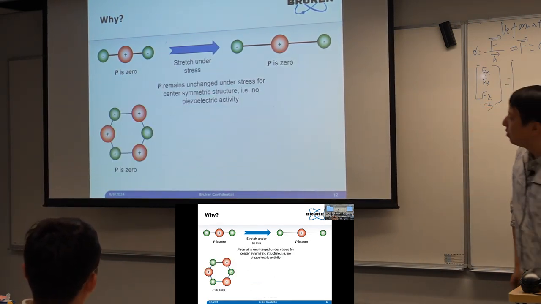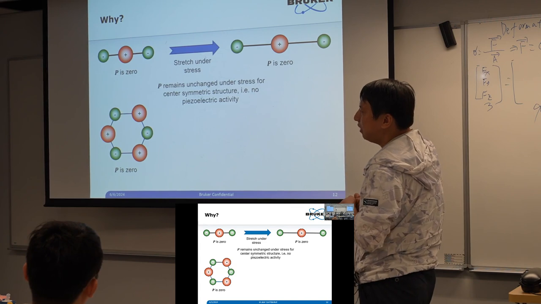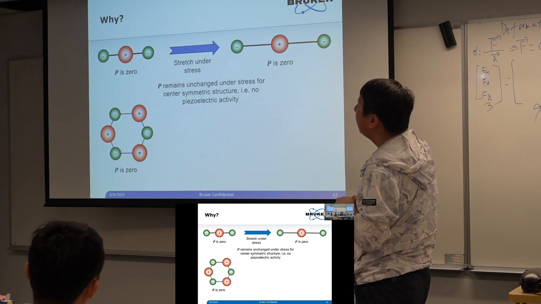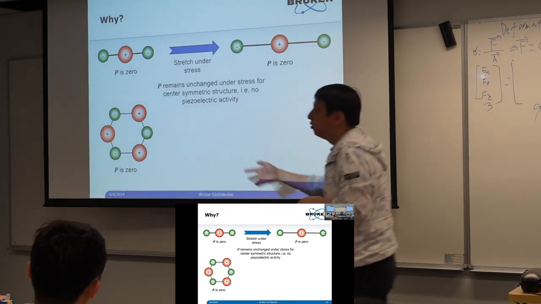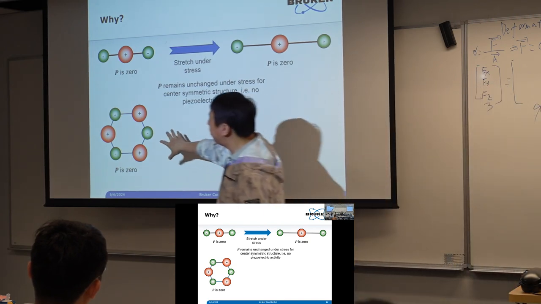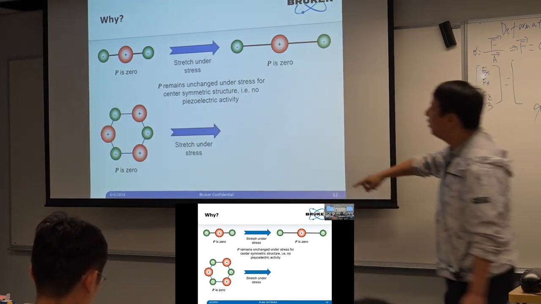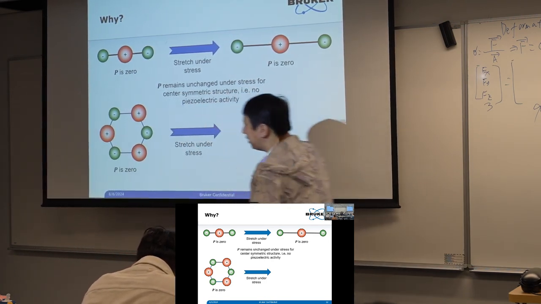Okay, let's take a look at another example. This one is a famous unit, which is gallium nitride, or boron nitride. It's the same thing. For this kind of crystal, if we stretch it under some stress, at the beginning the polarization is zero.